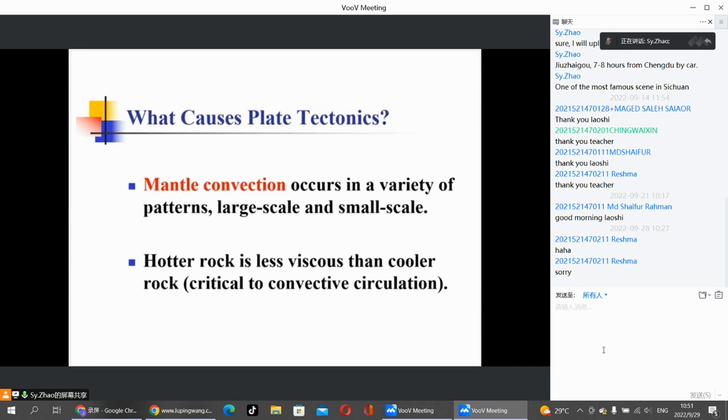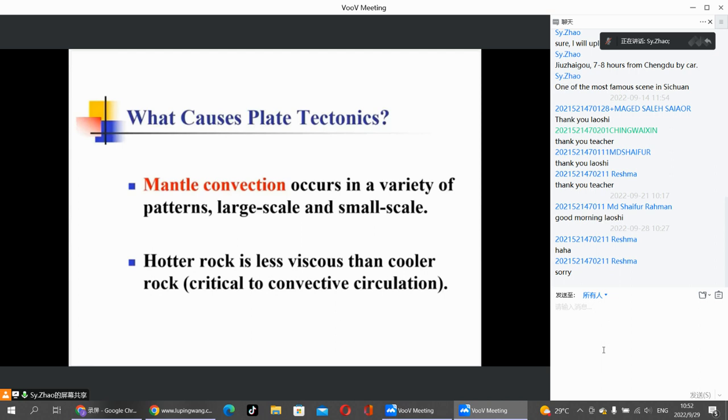So what causes plate tectonics? In summary, they are the following causes. First, mantle convection occurs in a variety of patterns, large scale and small scale.